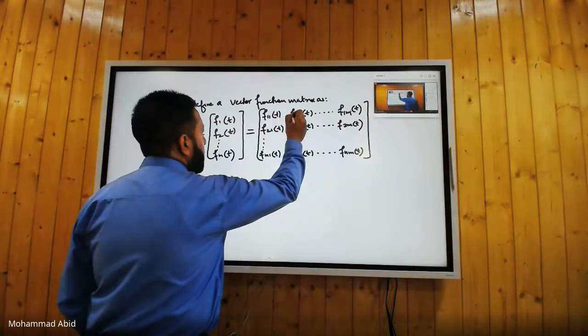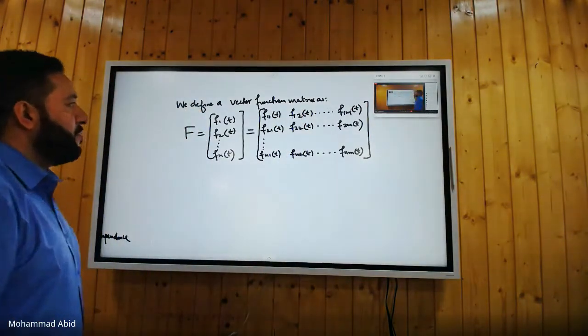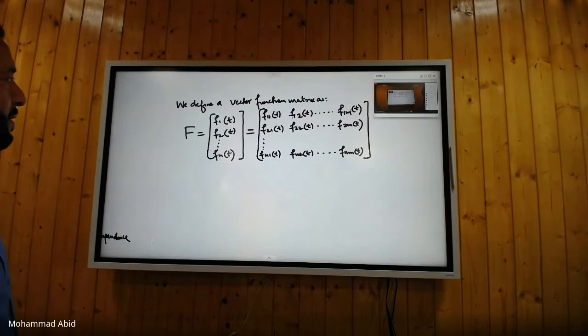So how do you check the set of vectors for dependence and independence? The same logic will apply here.